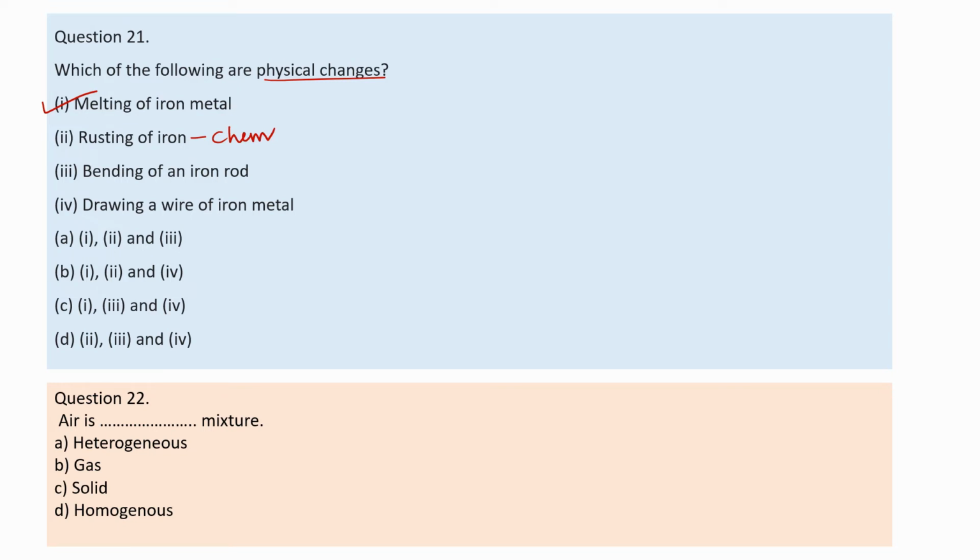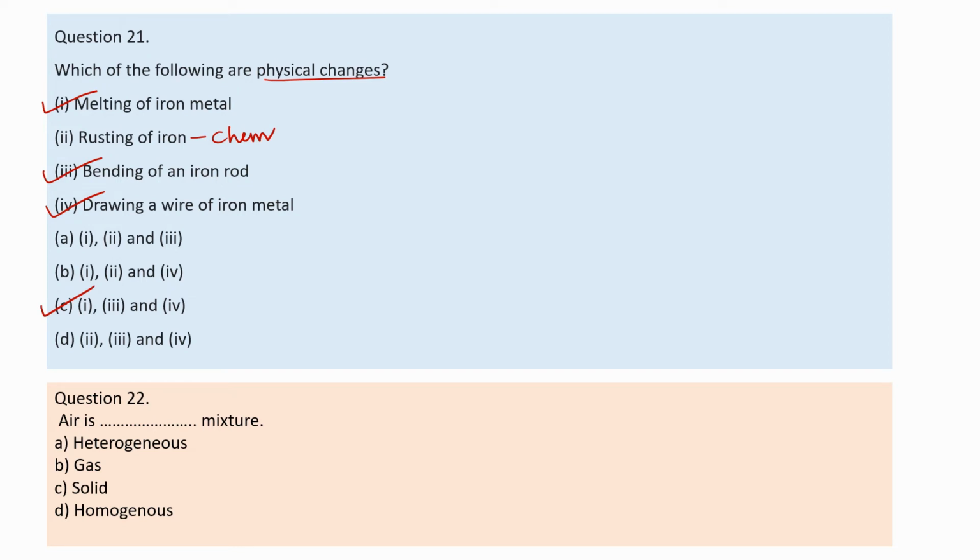Bending of iron rod, yes, this is a physical change. We are not making any new substance and we can reverse this change. Drawing a wire of iron metal. So yes, this is also a physical change. First, third and fourth. Option C is the correct option for this question.